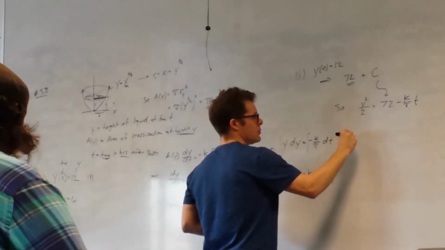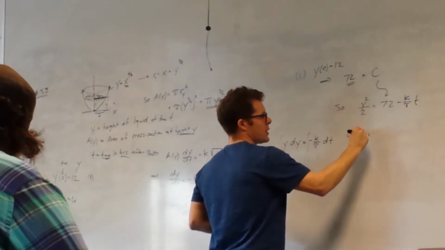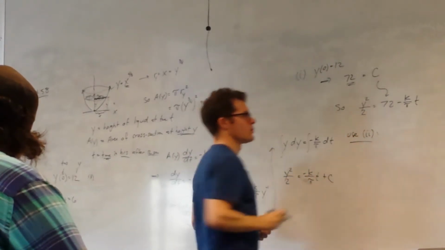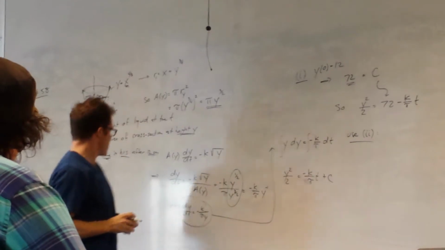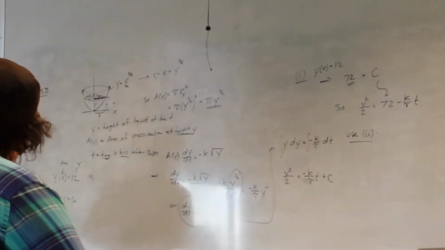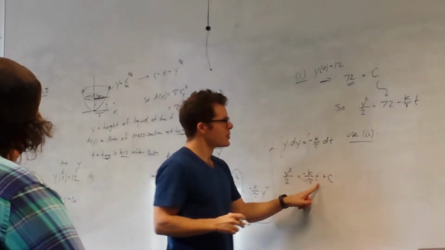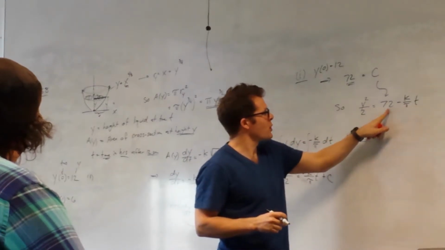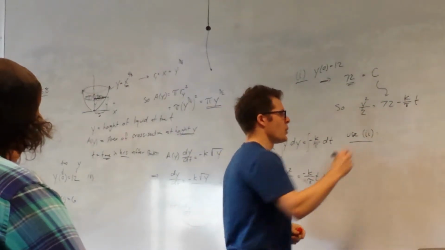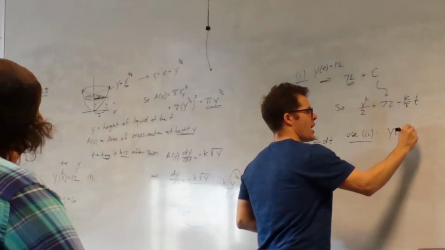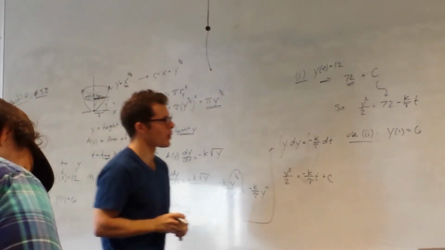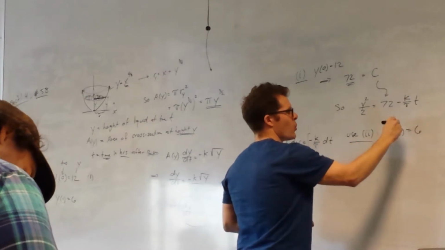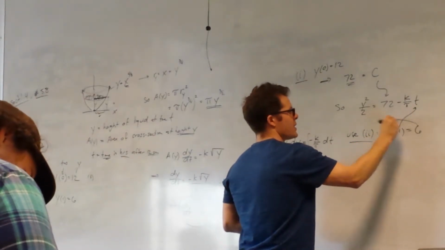Okay, and then what? Now put in the second condition that we had. So we'll use the second condition, that after 1 hour we know the height to be 6. We've solved for the first constant. We know that at time 1 the height is 6, so it cuts in half after the first hour. So when t is 1, the height is 6.